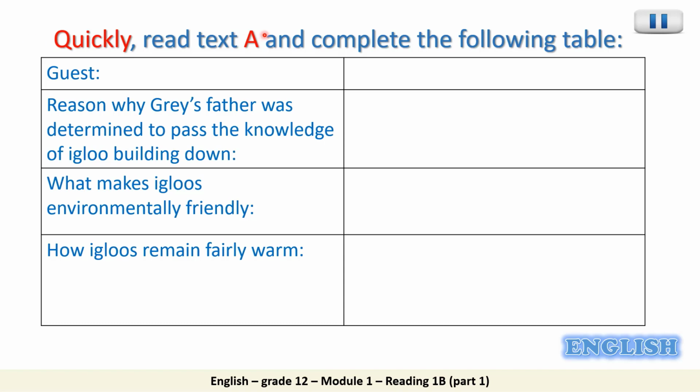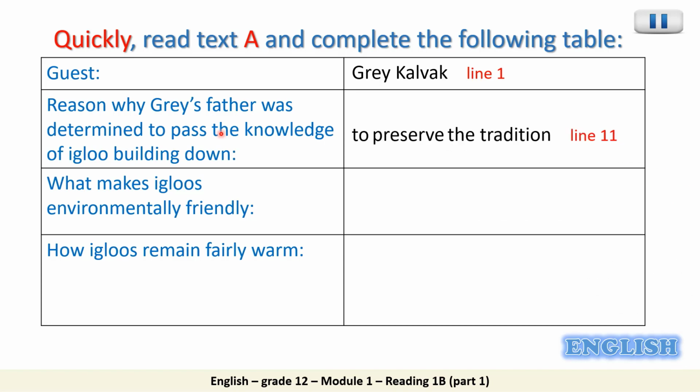Well, text A is a dialogue, as you know, and the guest is Gray Kalvik, and his father insisted on making other people know about igloo building too. Yes, to keep the tradition of building igloos. Igloos are good for the environment because, yes, any ideas?